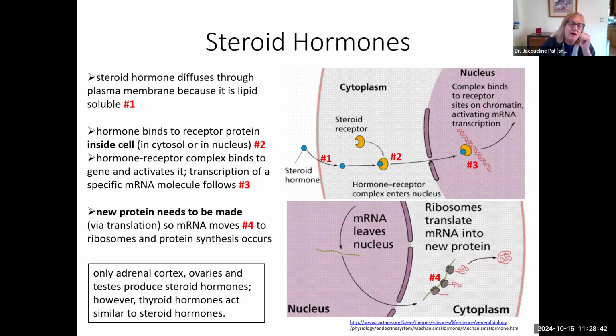But then there's another one, thyroid hormones. Even though they are not steroid hormones, they actually act like steroid hormones. Okay. So you got to think of this process when you're thinking of thyroid hormones.